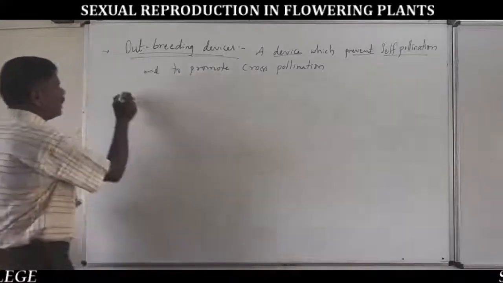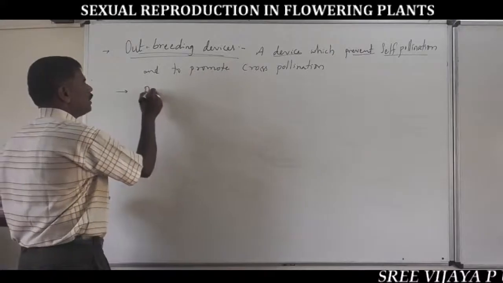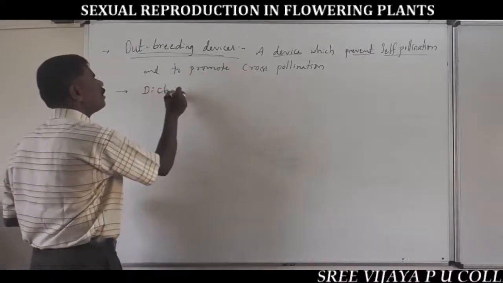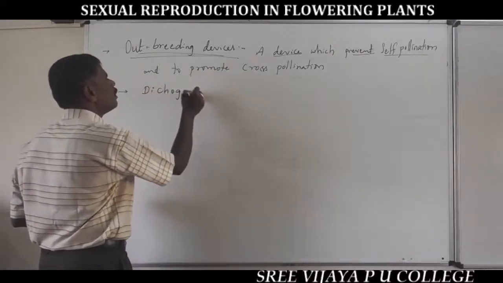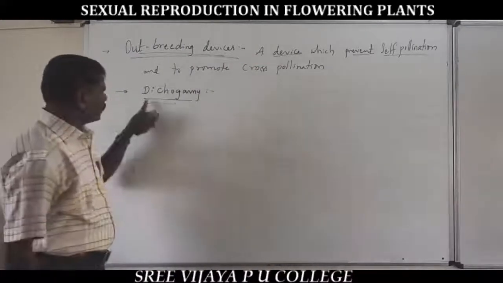For example, the first one is dichogamy.